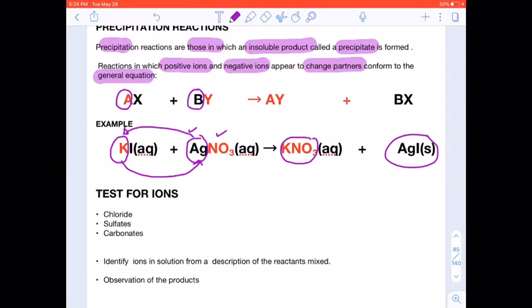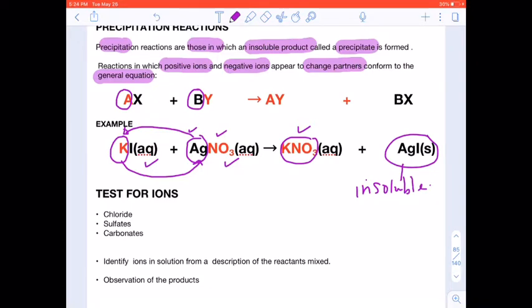Okay, so if you look at this, the anions of the respective cations have changed, right? And when you see this, you find that this is soluble, that is soluble, that is soluble, and this here is insoluble. So a precipitate has formed in solution.